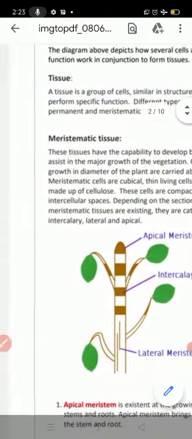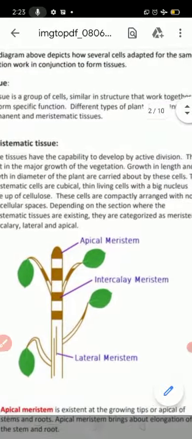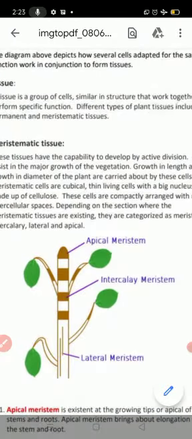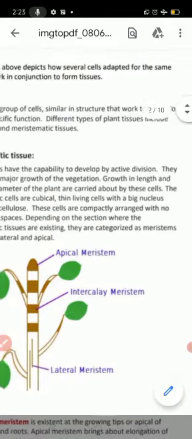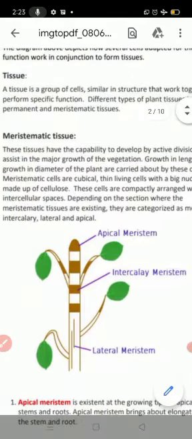Meristematic tissue has the capability to develop by active division. Only meristematic tissue has the capability of active division. It means it shows cell division, and cell division is known as active division. After maturity, it assists the major growth of the vegetation.